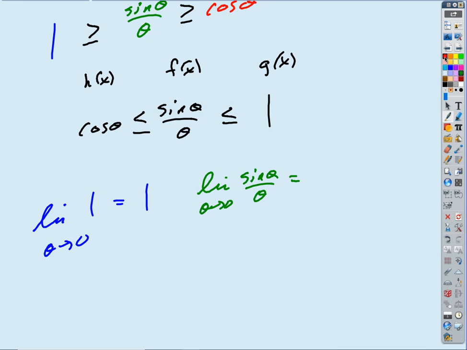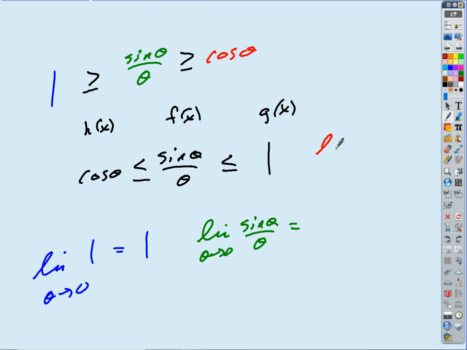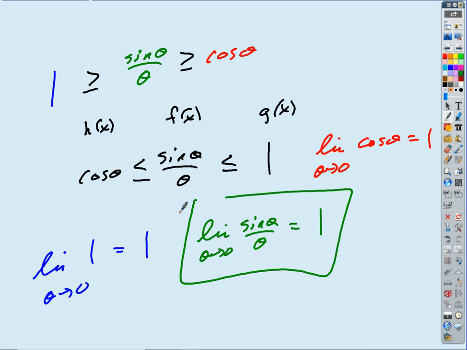But what's the limit of cosine theta as theta approaches 0? We can evaluate that directly, can't we? What's cosine 0? So what is the limit of sine theta over theta? 1, by the squeeze theorem. That's important. That's a theorem that we can use. That's a special trig limit that comes in very handy.